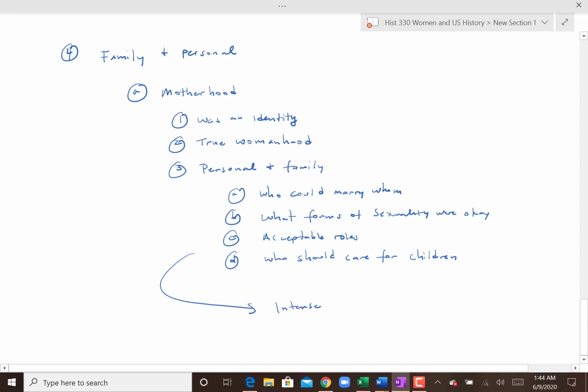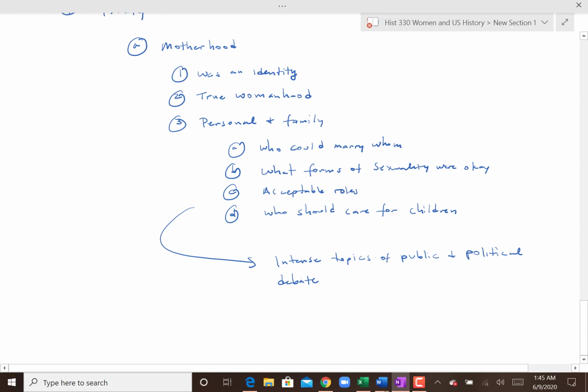So even personal life and family life were not private in that sense, right? There was lots of discourse of how one should act, what is acceptable, and the idea that we could add here.